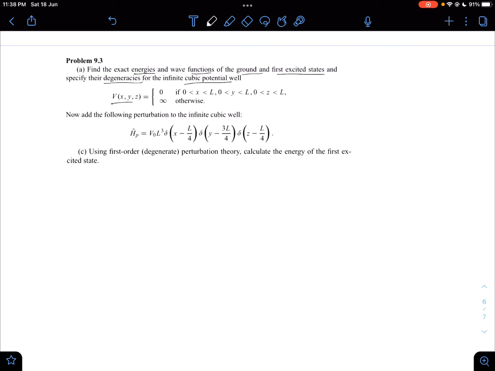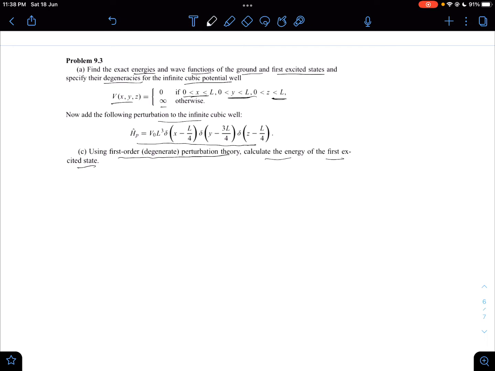So we have a potential which is infinite and cubic, so it is in all three directions, and it is 0 in the range 0 to L and infinite otherwise. After that we are adding the following perturbation. This is our perturbative Hamiltonian, and for that, using first order degenerate perturbation theory, we have to calculate the energy of the first excited state.